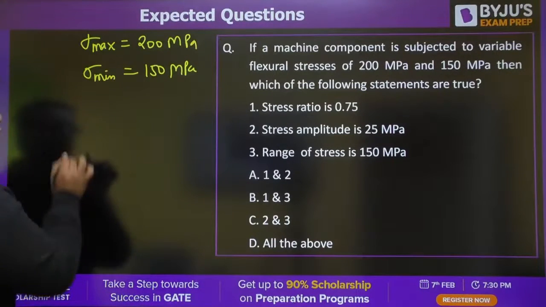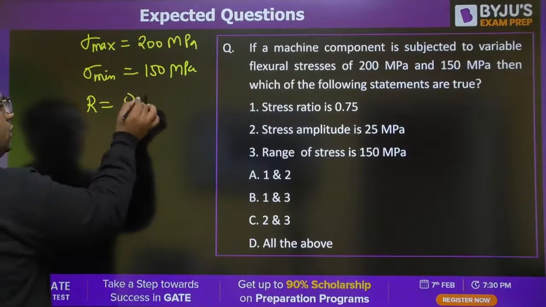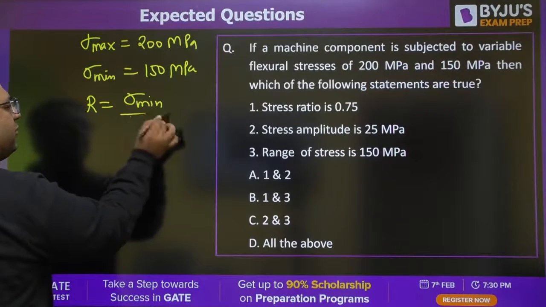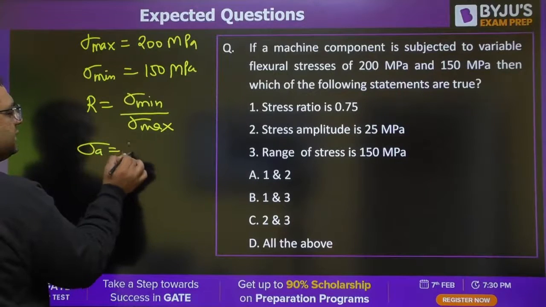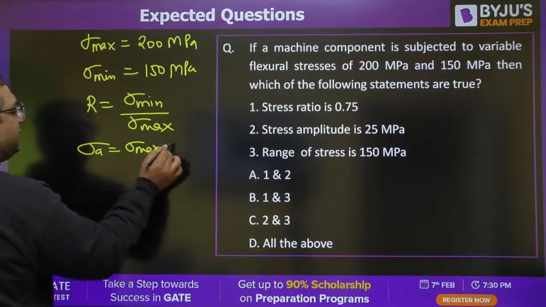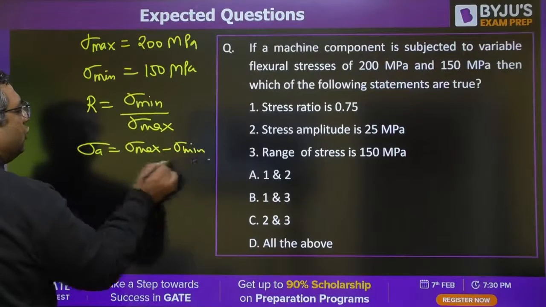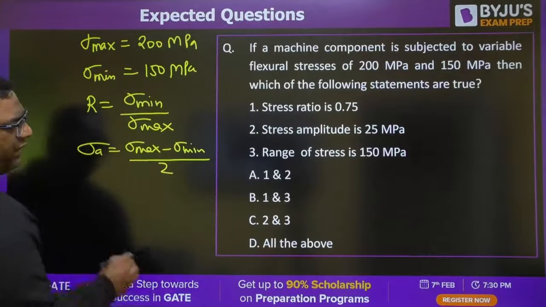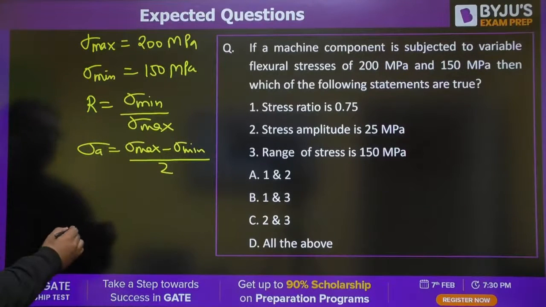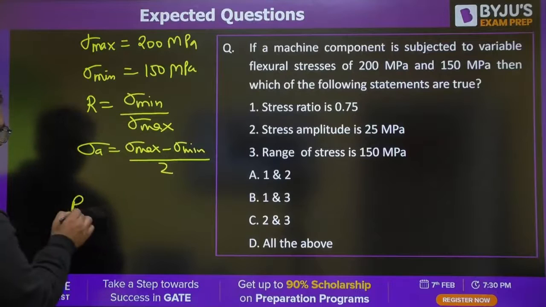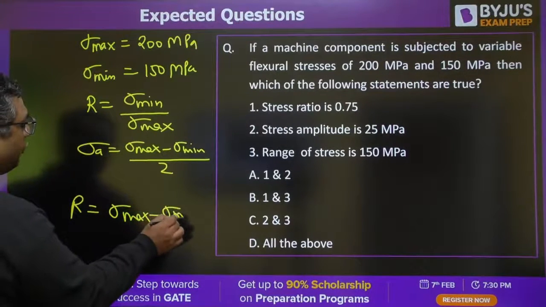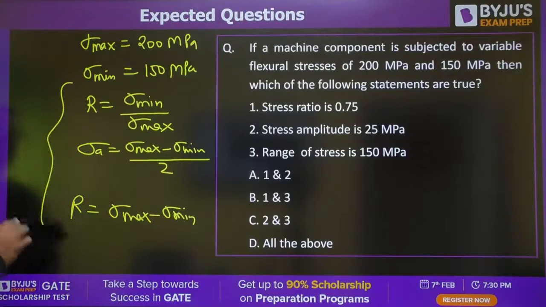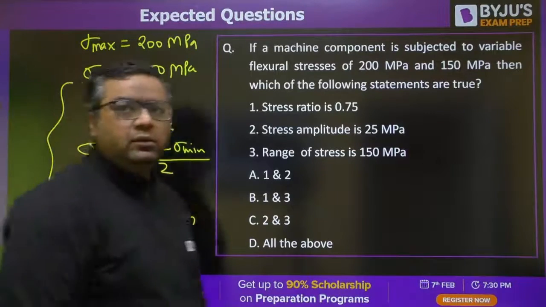You need to find the stress ratio, which is minimum by maximum. You need to find the amplitude stress, which is maximum minus minimum by 2. You need to find the range of stress, which is max minus min. Find all of them, guys, and then see which of the following are correct.